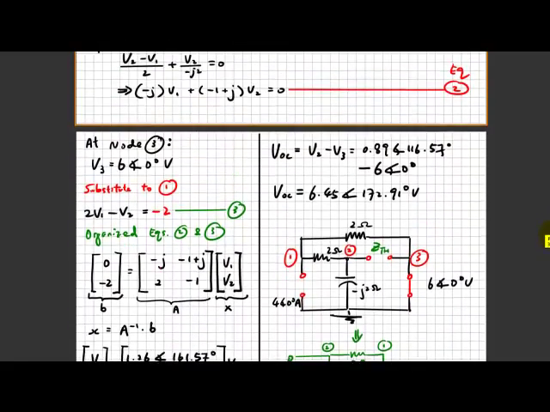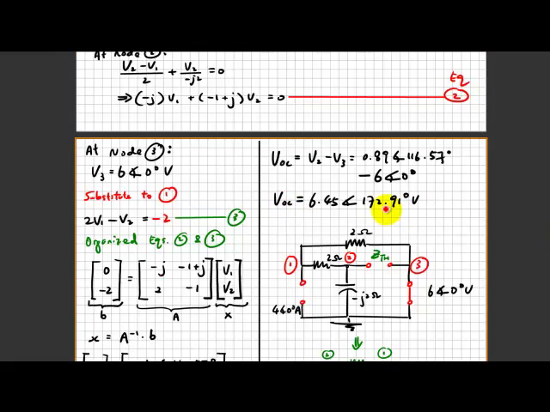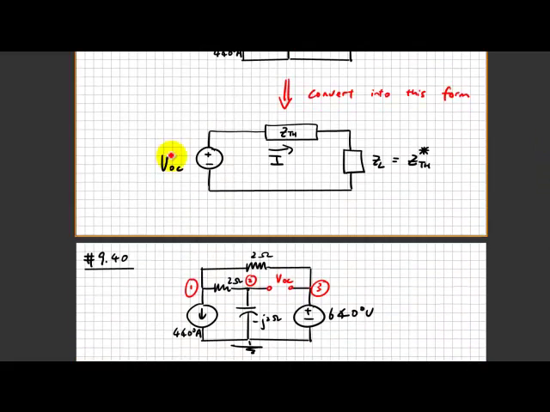So right now you have found what is required for the voltage. This is the open-circuit voltage, which is part of what we are trying to find here, right?